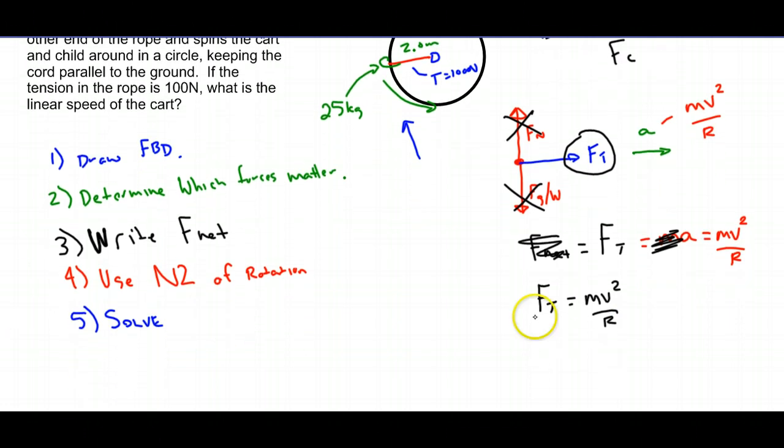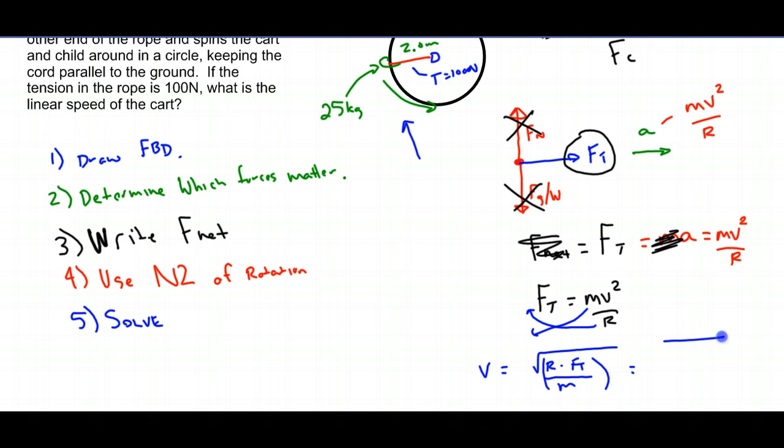We're looking for the linear speed of the car, so we're trying to solve for v, so let's algebraize this. If I bring the r over here to the top, bring the m down here to the bottom, and then take the square root, we have that v is equal to the square root of r times our tension force divided by mass, and that's all inside the square root here.